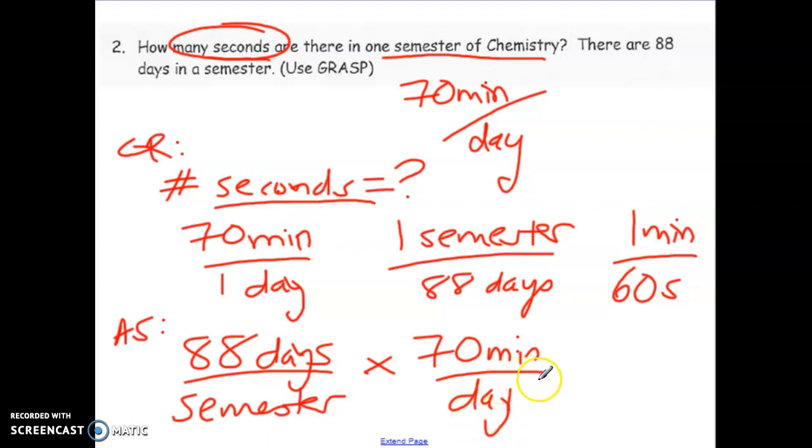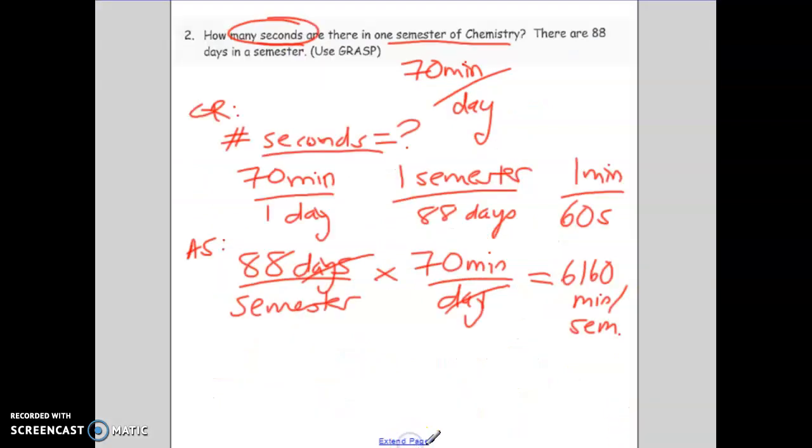What ends up happening is days cancel, which will give us how many minutes are in one semester. If we do 88 times 70, remember we are not rounding anything down right now. That means we have 6,160 minutes in one semester.